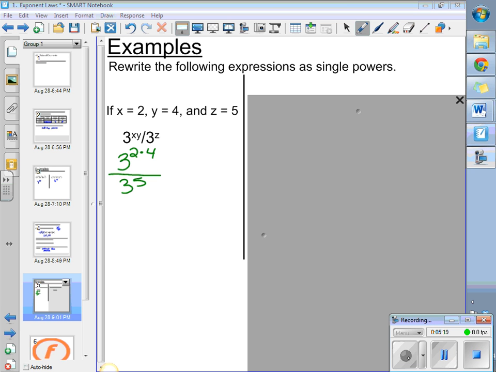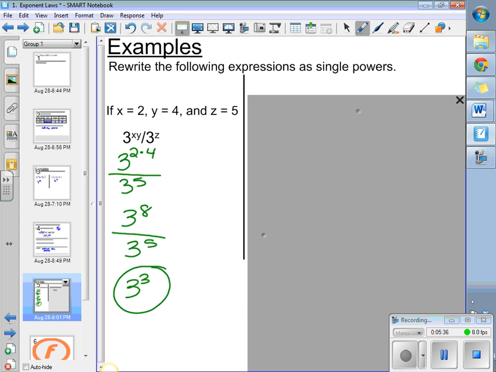So we do this, we get 3 to the 8th over 3 to the 5th, and we subtract and get 3 to the 3rd. And we're leaving it as an expression as single powers, so that is finished.